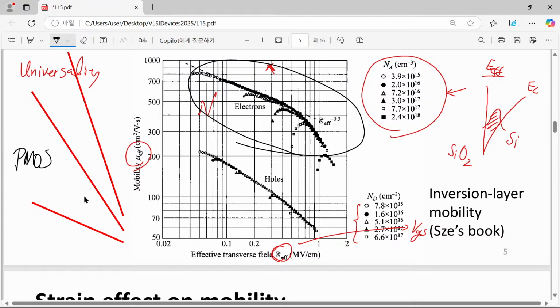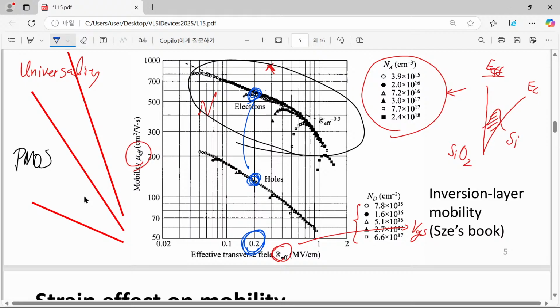That was the situation in the 80s and 90s. It means that when you look at a given effective electric field, electrons always have a much higher mobility compared with holes. That's the reason why when you study your microelectronics course or other circuit-related courses, you always say that your NMOSFET is more conductive than your PMOSFET.